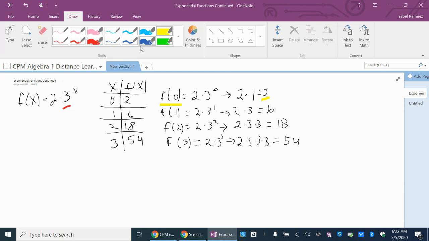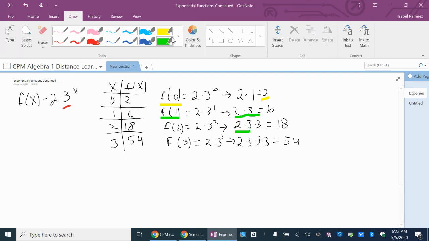What this means is you're always multiplying by an extra 3 because you're raising your power. So 3 to the 0 power was 1. And when you raise it to 3 to the first power, obviously you're multiplying now by 3. But once you get to 3 to the power of 2, you're multiplying by an extra 3. So you had 2 times 3 from f of 1.